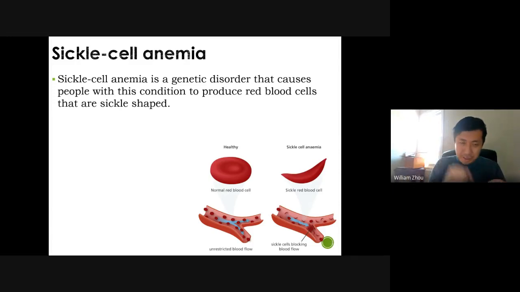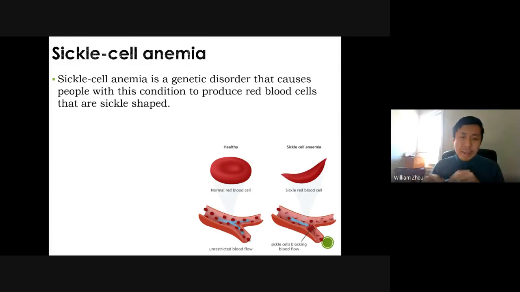A sickle cell is a red blood cell that looks like a sickle. So in the picture, a normal blood cell is round. It looks like a disc. It's like a donut, except it doesn't have the hole in the middle. That's a normal cell. It's supposed to carry oxygen in your body so that your cells can breathe oxygen and produce energy. It's very important.